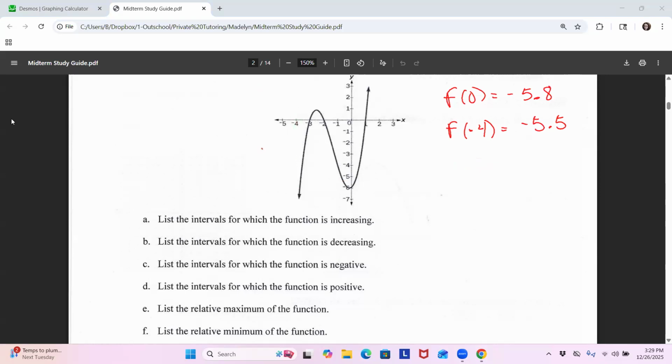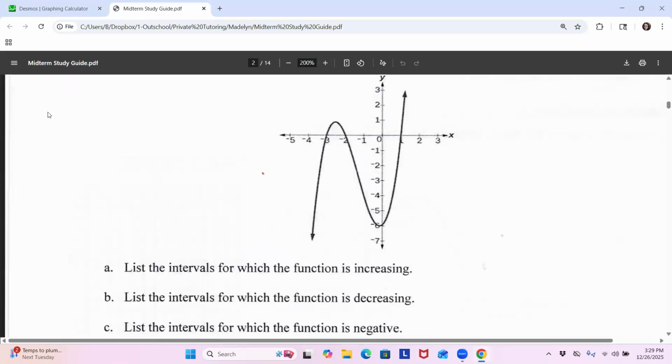Let me change my tool to this line. I don't know. It's hard to tell without like graph paper. Let me zoom in even more. -4 right there. It's hard to tell. Sorry.